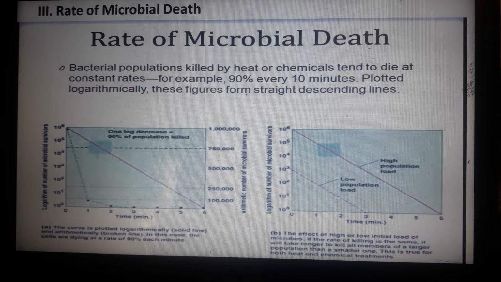So microbial death depends upon the population of bacteria in a given environment.